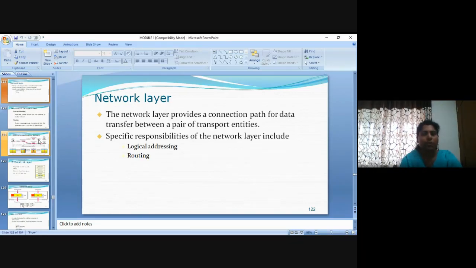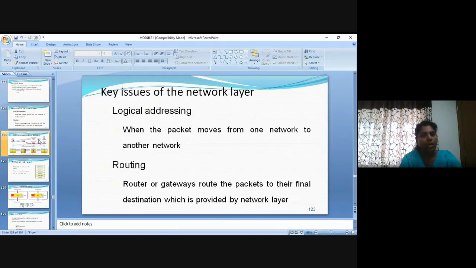As an example, you will have different routes to go to a place, so which is the best way to reach that destination? That is done by the network layer. So the network layer is responsible for the source to destination delivery of each packet, and its functions include logical addressing and routing.